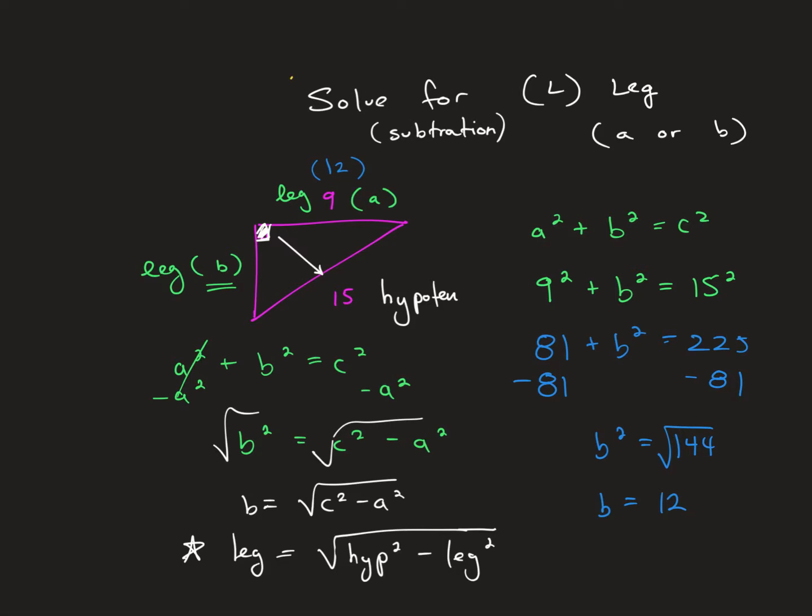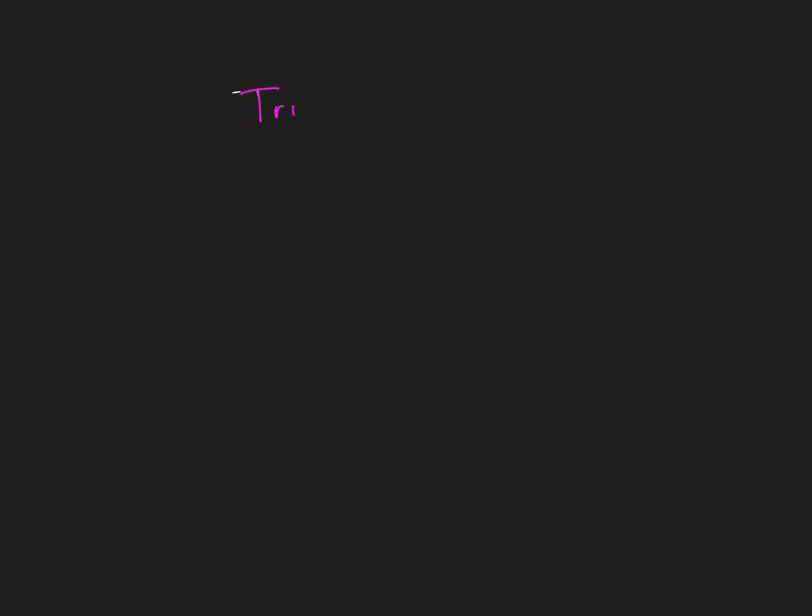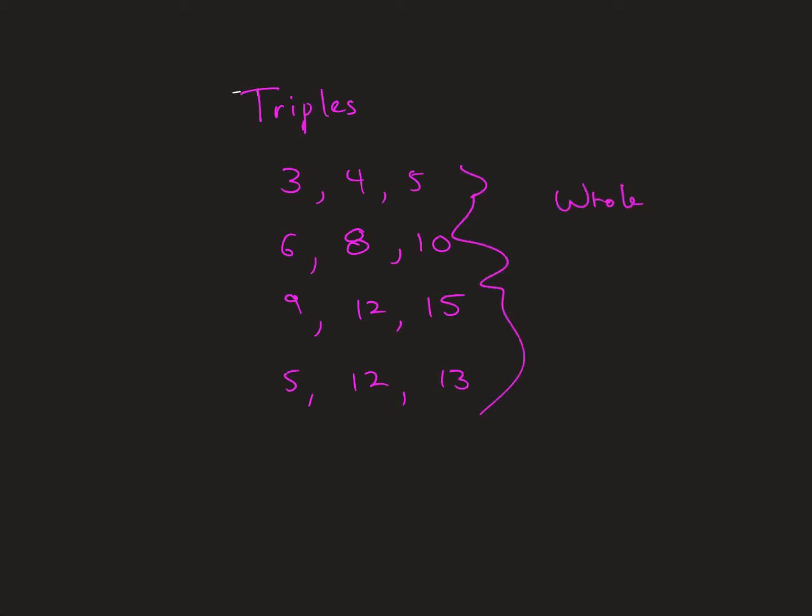And what I've kind of secretly done, as I've done this, is just Pythagorean triples, where you have whole numbers: 3, 4, 5, 6, 8, 10, 12, I'm sorry, 9, 12, 15. 5, 12, 13 is a funny one, where the whole numbers squared will equal a whole number hypotenuse squared.